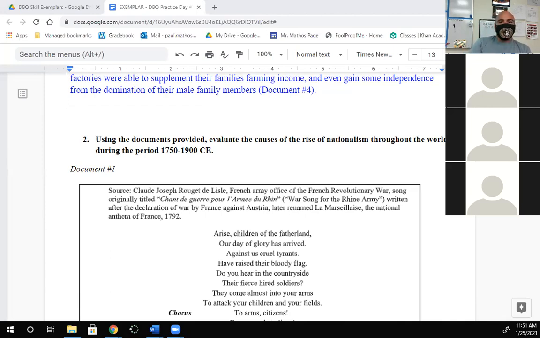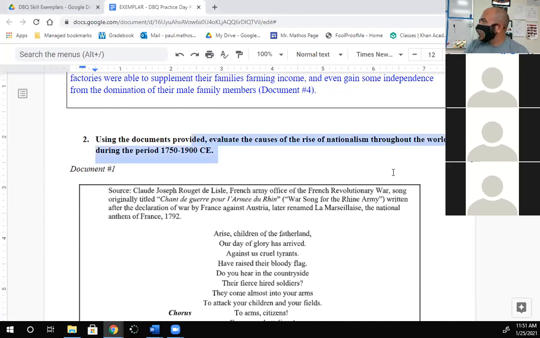But she hit on a normal problem with DBQs. We're trying to bring in everything, when in fact, if you read this, it says evaluate the causes of the rise of nationalism. Just because it says causes doesn't mean you should cover all of them. Remember, you're using the documents to back yourself up.